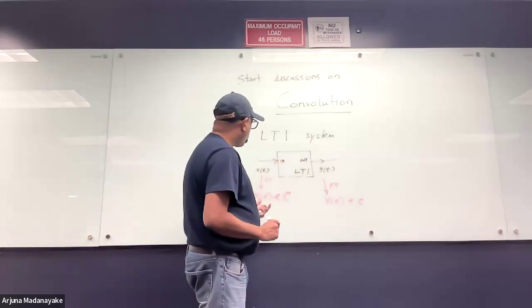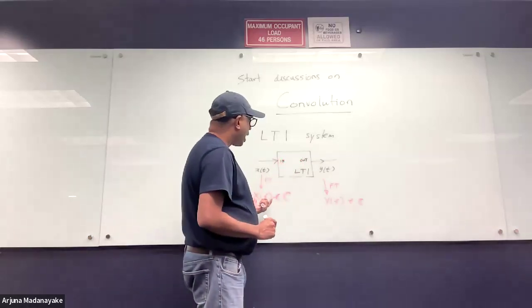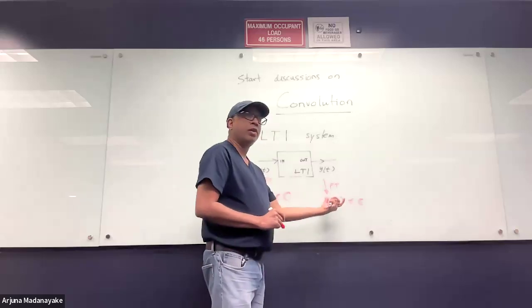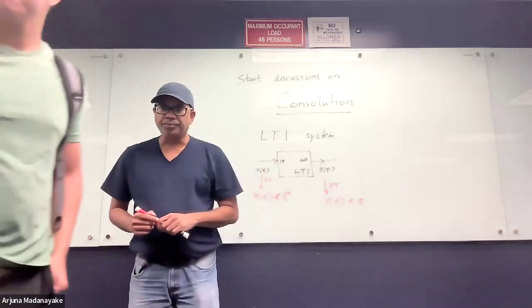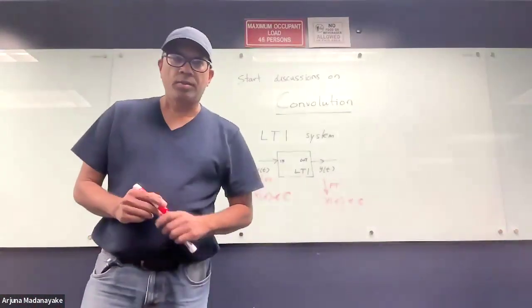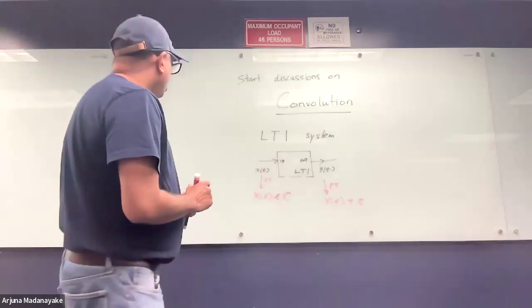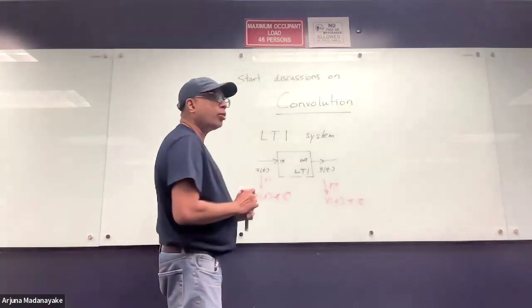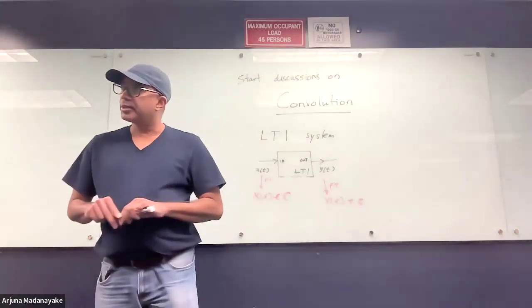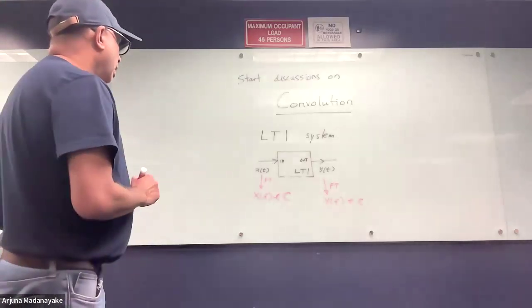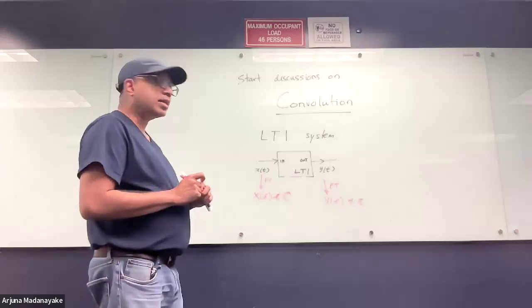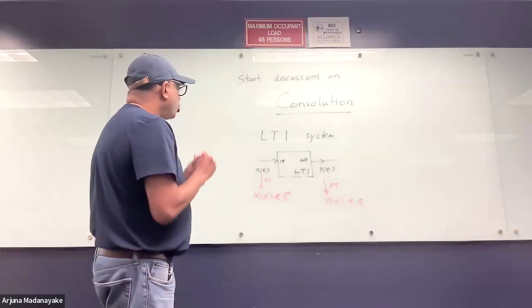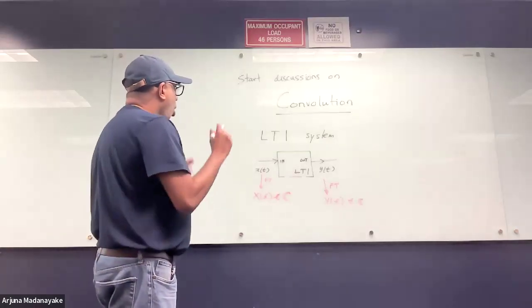Or similarly, if you know capital X of f, can you produce capital Y of f if you know the same things about the system? It turns out that convolution is the key to this, and we'll get about explaining how that works. But just to give you a preview, there is something called convolution.